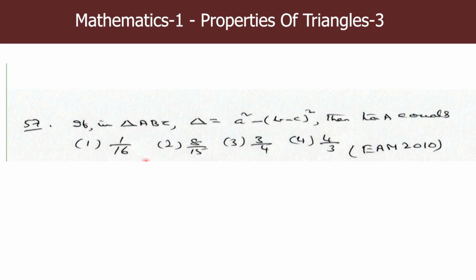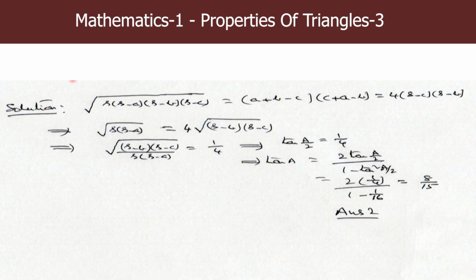57. If in triangle ABC, delta is equal to a square minus (b minus c) whole square, then tan A equals: 1, 1 by 16; 2, 8 by 15; 3, 3 by 4; 4, 4 by 3. EAPCET 2010.